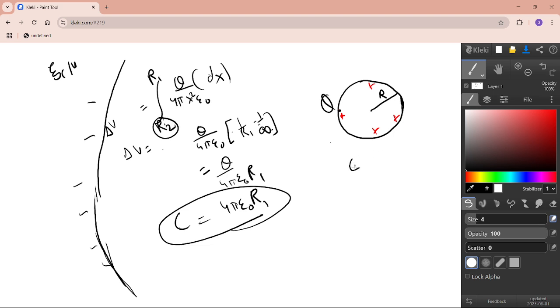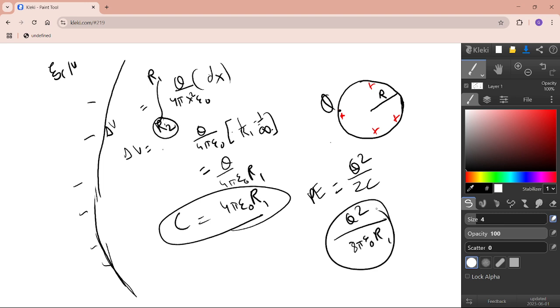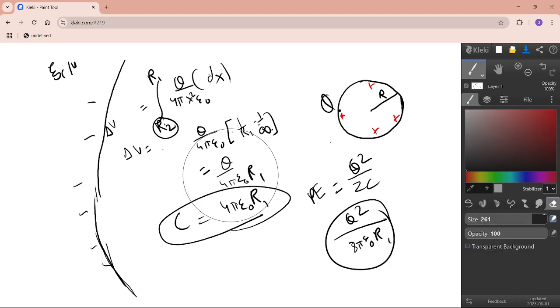So q square upon 2c is the potential energy, q square upon 8 pi epsilon naught R1. We are getting the same answer fundamentally.